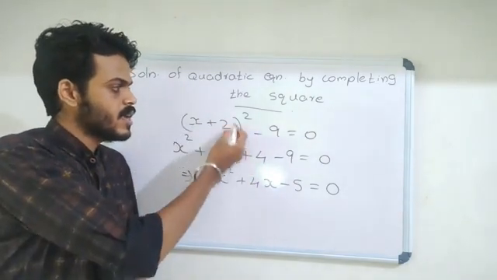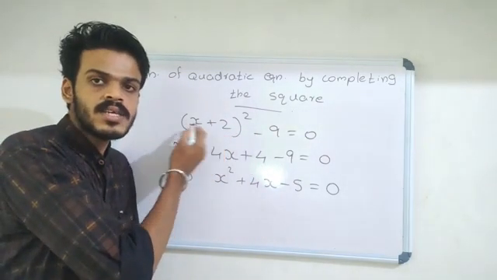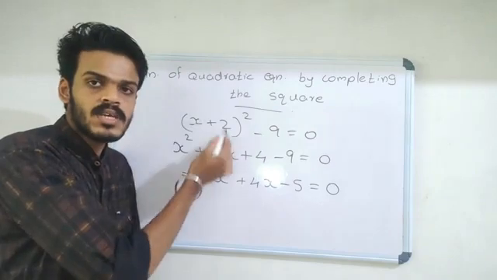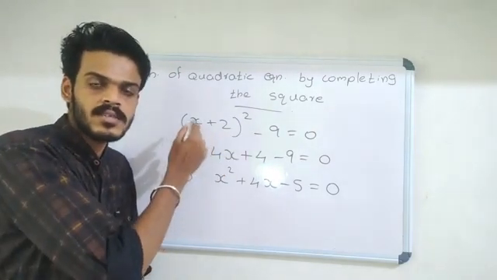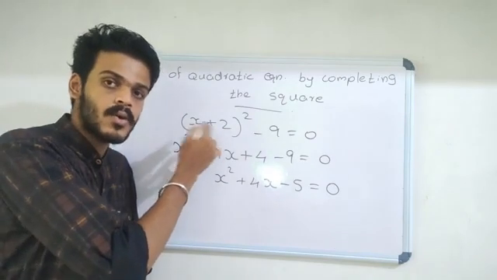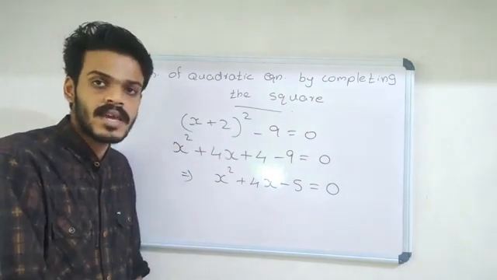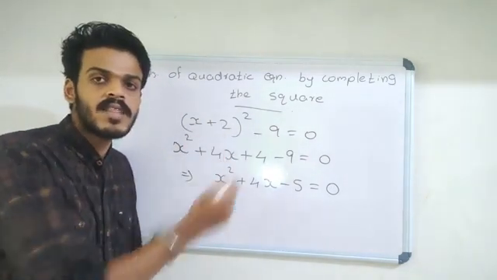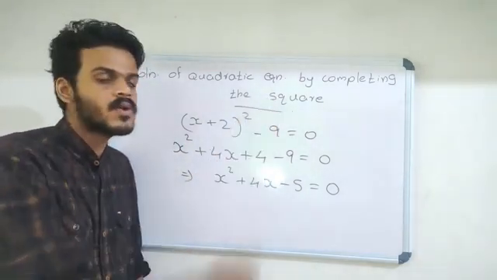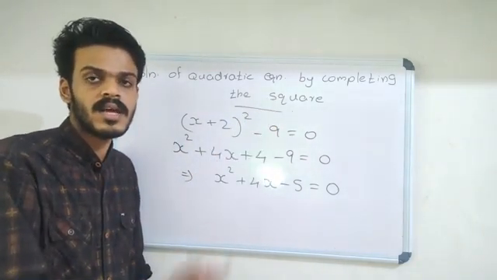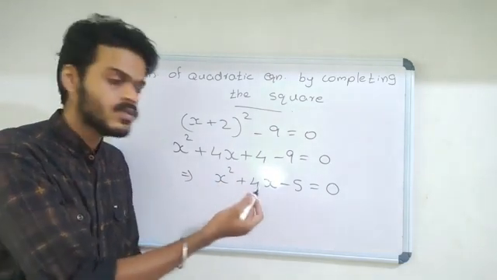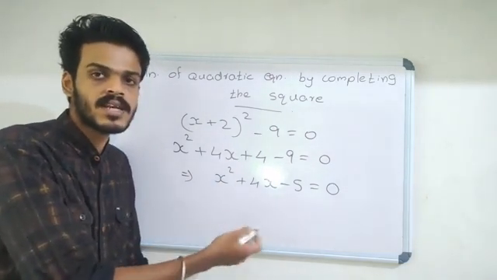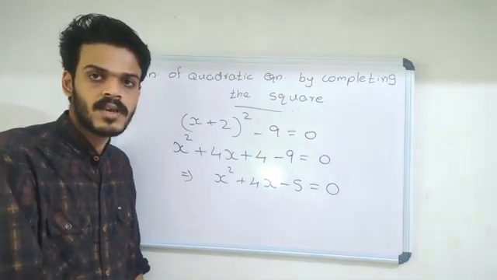Here, there is a square for x, or for the term associated with x, and from that we can find the value of x. That method is called the completing the square method. You can also do this by factorization, and then find the value of x.